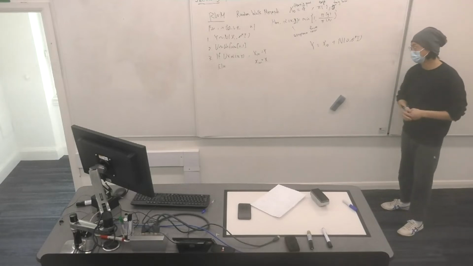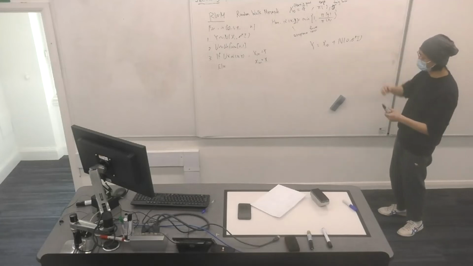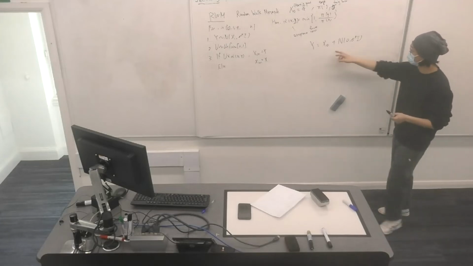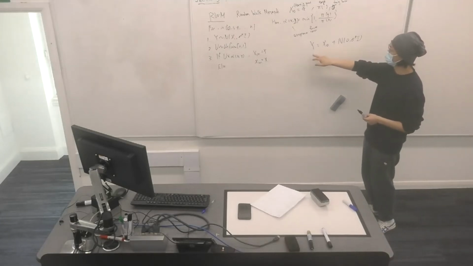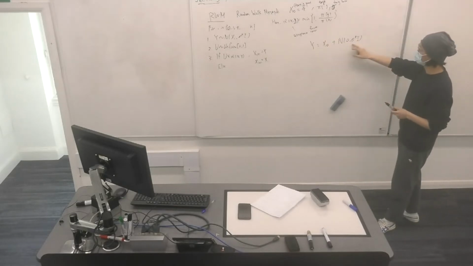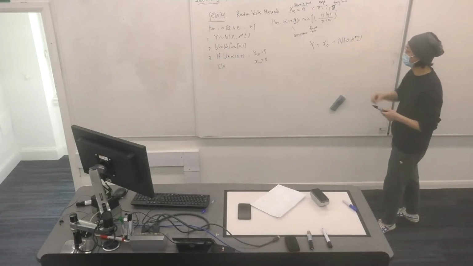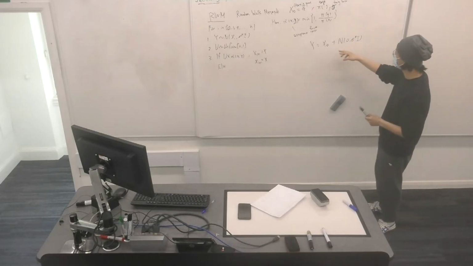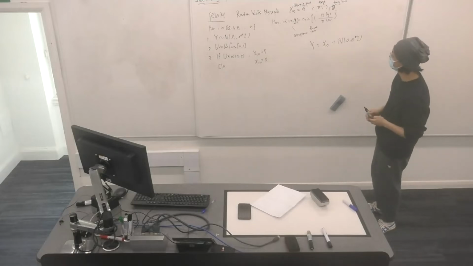We just do a small perturbation to this x star, and then we get this new y. Obviously, this sigma is something we can tune, and we can make slight changes to the algorithm.